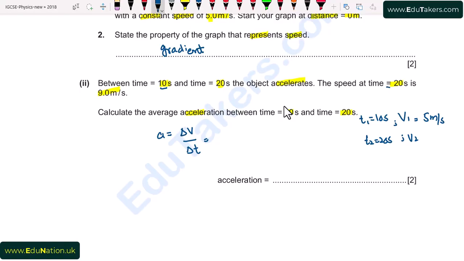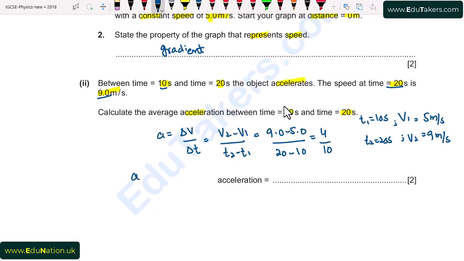And at t equal to 20 second, speed becomes 9 meters per second, and we have to find out the acceleration. I write here v2 minus v1 over t2 minus t1. So putting values, 9.0 minus 5.0 divided by 20 minus 10, and it will be equal to 4 over 10.